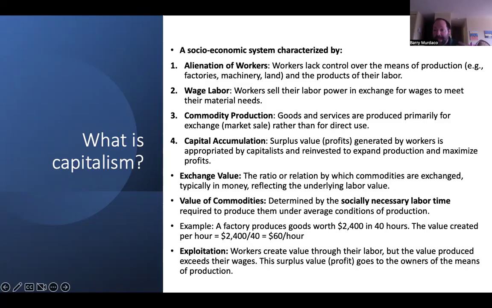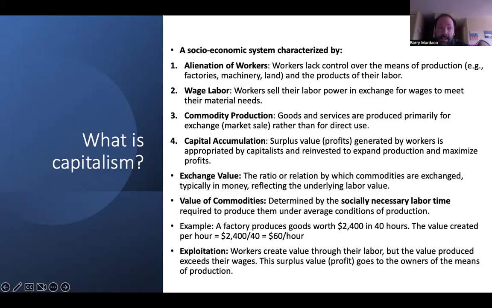So, in a sense, what that means is that in a capitalist system, the actual use or utility of the things being produced is completely secondary to their so-called exchange value: how much profit you can make through selling these things in the market.